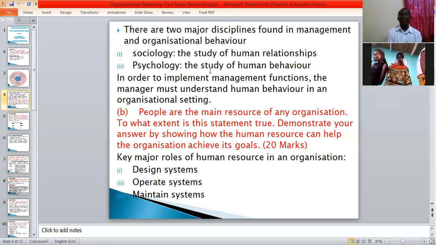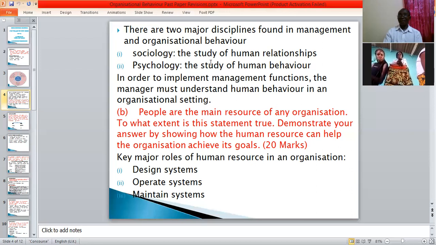While in organizational behavior, it is the study of people behavior in an organization. So how do you connect the two now? Why are these two things connected?